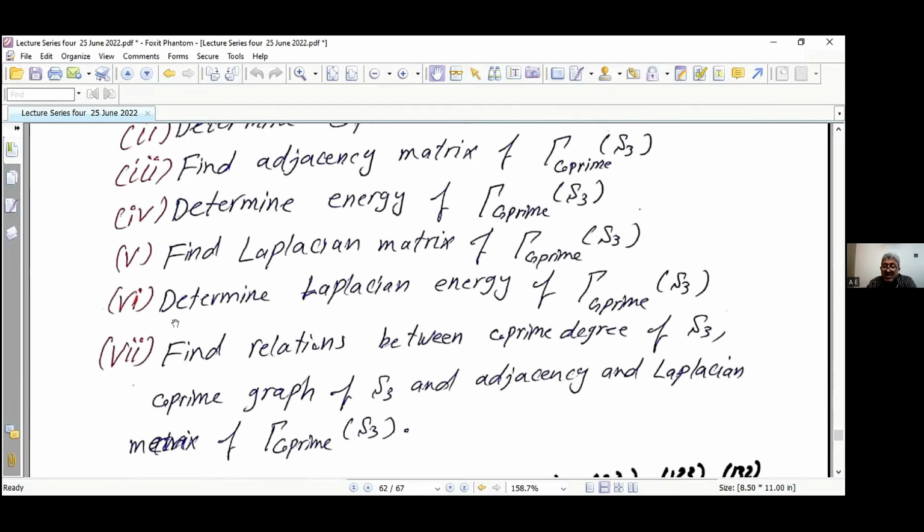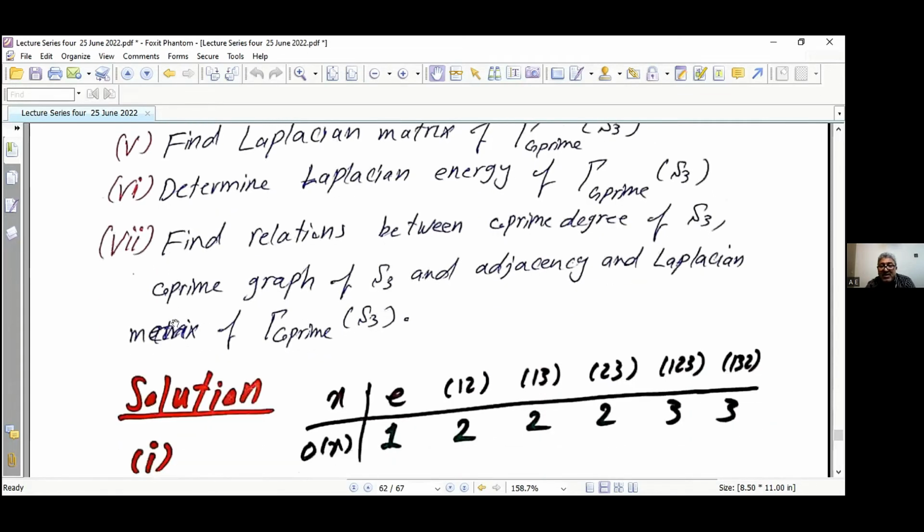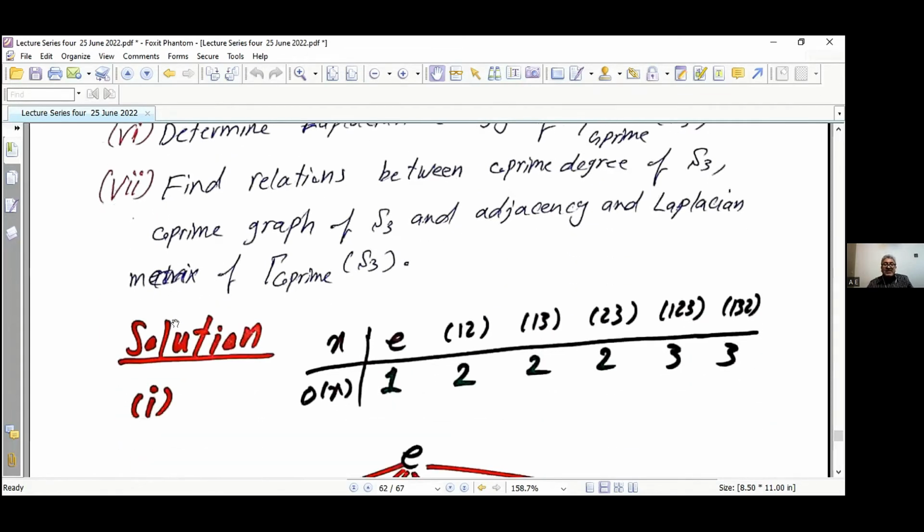So it's interesting to give some relations between all of the things which up to now we just mentioned in the series of lectures about the probability, about the graph, about adjacency matrix, Laplacian matrix, and so on. Now, let me give a solution step by step.